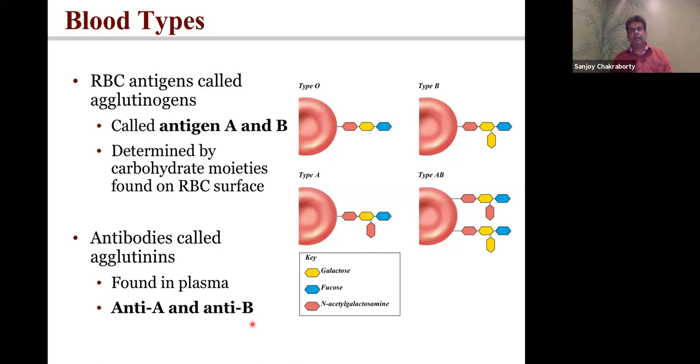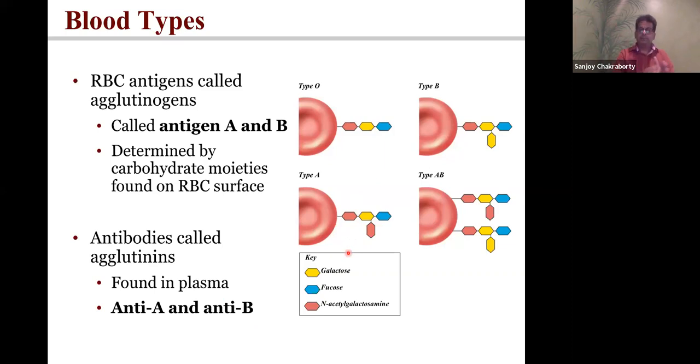So anti-A will attack A, anti-B will attack B. Now if you have A-type blood, you will have anti-B antibody in you. Anti-B, because you don't want to attack yourself. You want to attack if somehow your blood gets mixed with the B type.